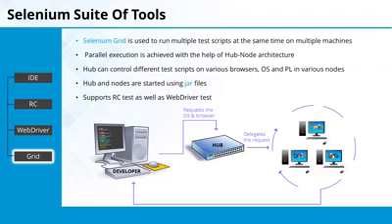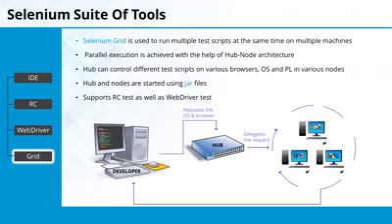Parallel execution is achieved with the help of hub node architecture. I'll come to that. Hub can control different test scripts on various browsers, operating systems, and programming languages in various nodes. Hub and nodes are started using jar files, and it supports RC tests as well as WebDriver tests.